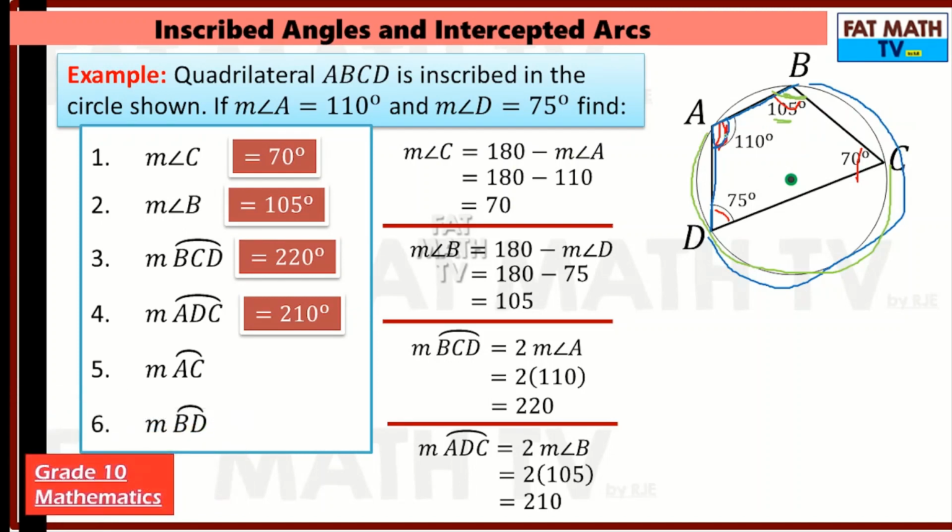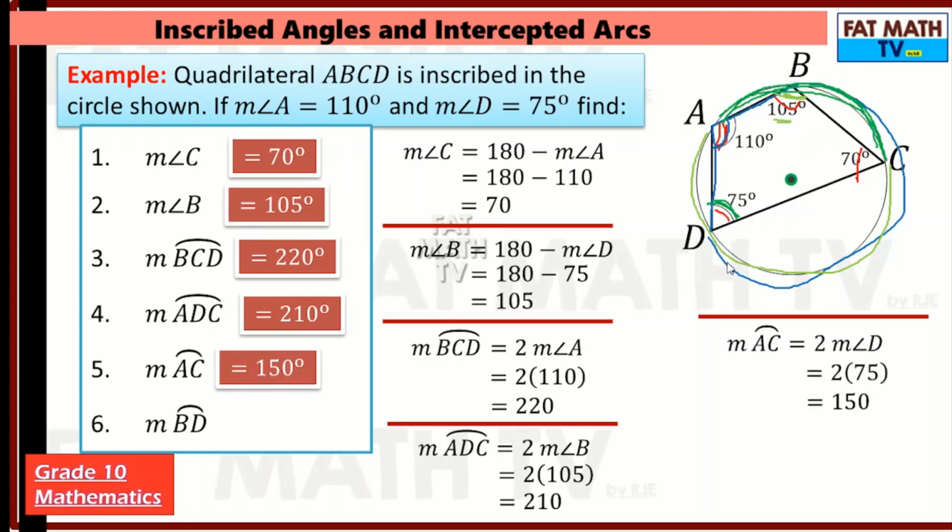Measure of arc AC. Arc AC, where's arc AC? This one. Arc AC is the intercepted arc of angle D. So twice the measure of angle D, 150.